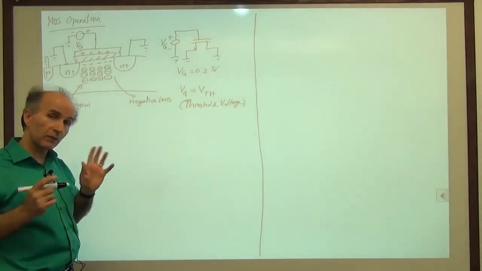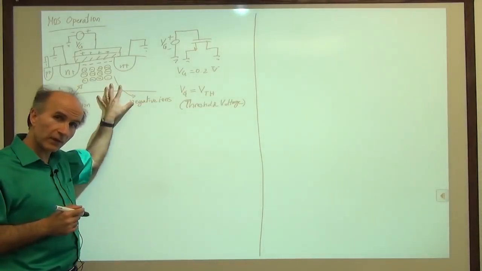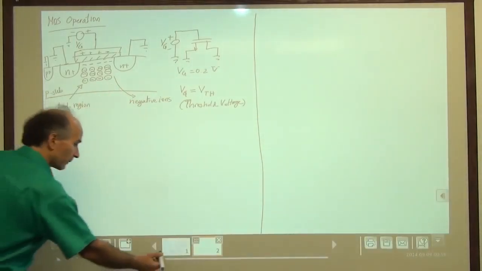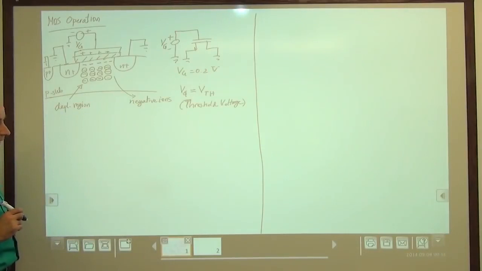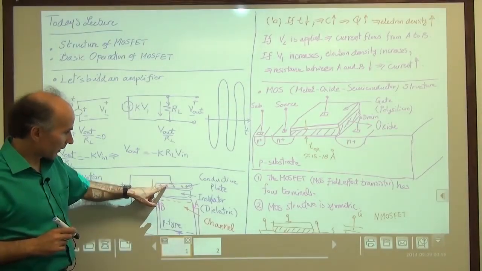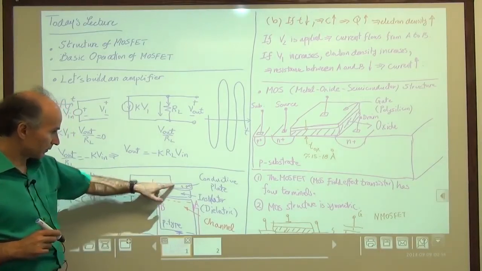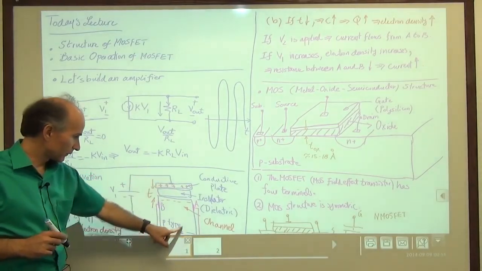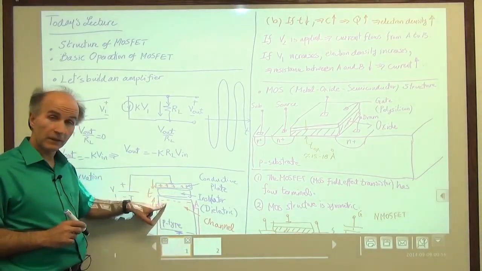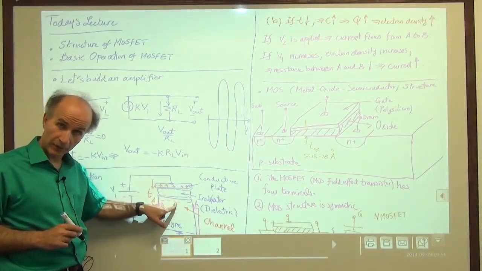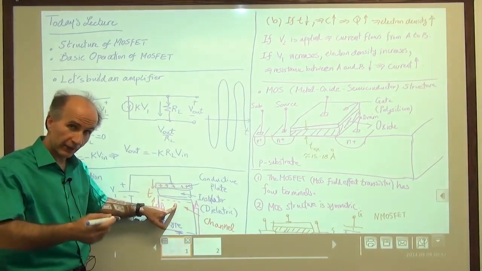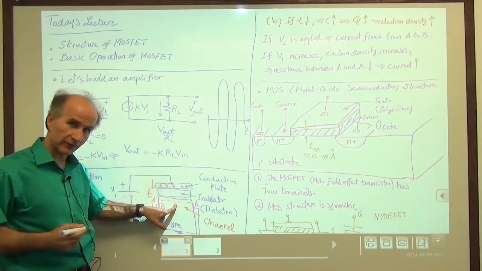Okay, so now we begin to see some resemblance between this structure and the structure that we saw at the beginning. We saw that when we apply a positive voltage to the top terminal, and negative voltage down here, we put some positive charge here and some electrons here. And that's what we call the channel, because it is capable of carrying a current.